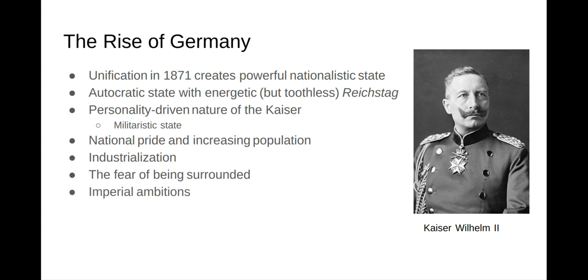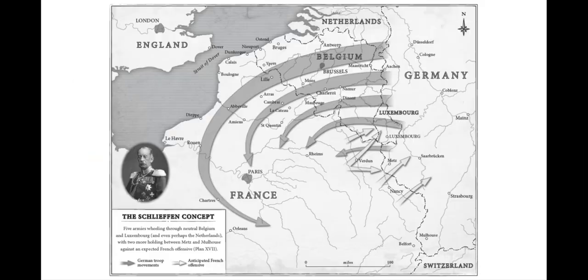But of course, even in all of this confidence in their new abilities, they had this fear of being surrounded between France and Russia, which was not an idle fear, that any further expansion was going to be stymied by one or the other. And they had imperial ambitions, as we've seen in German East Africa, and they're also involved in Asia as well.